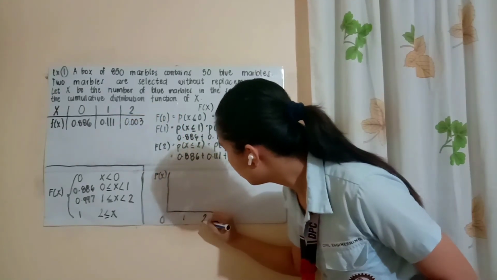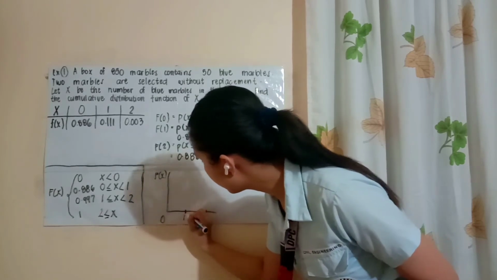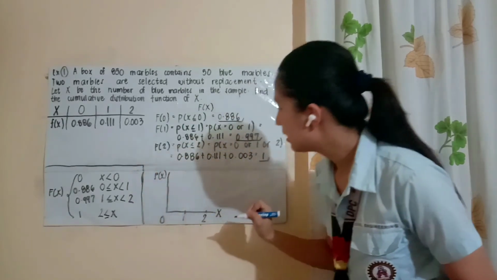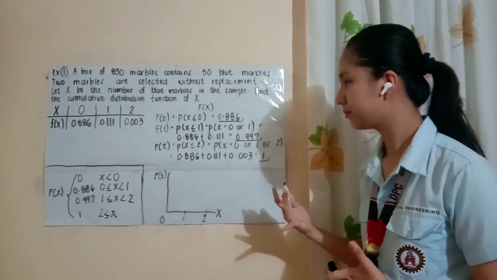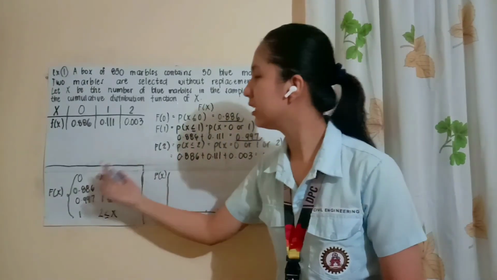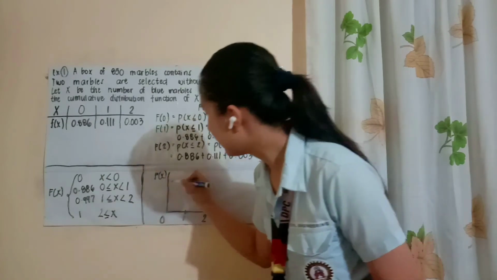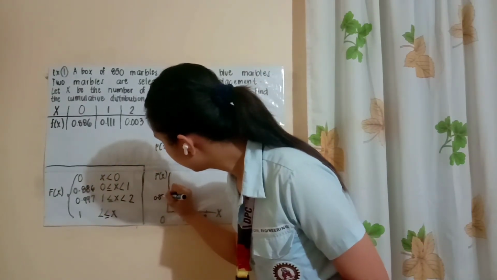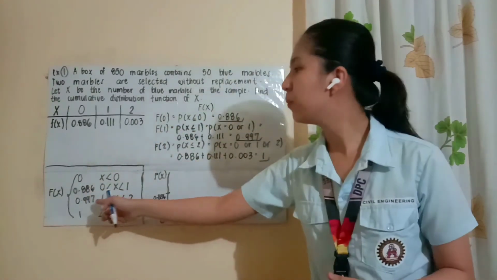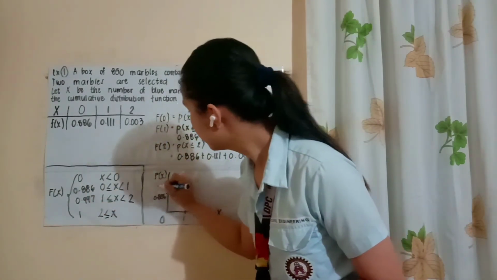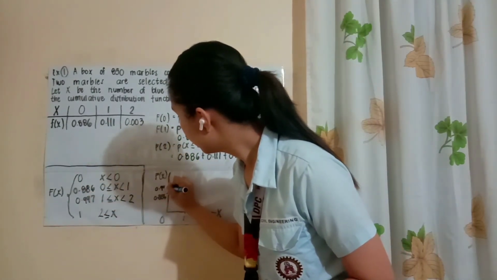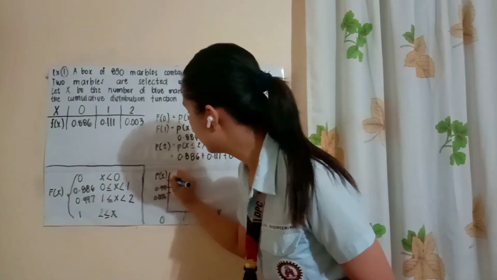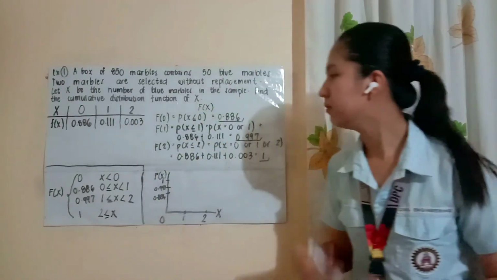And then, we have here our x. Ano ba yung mga nakuha natin dito? We have 0.886, 0.997, and then we have 1.